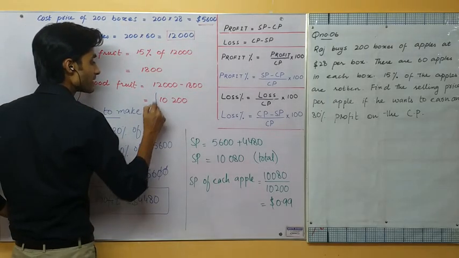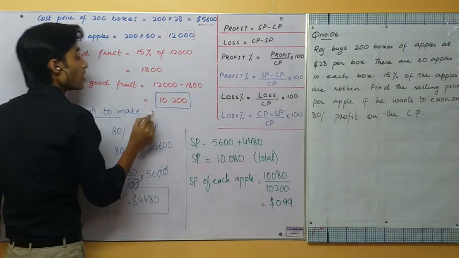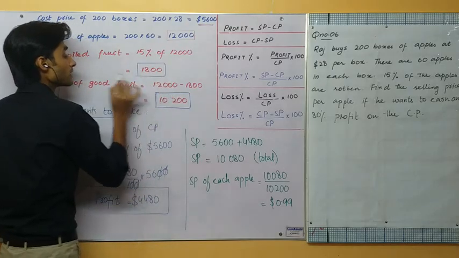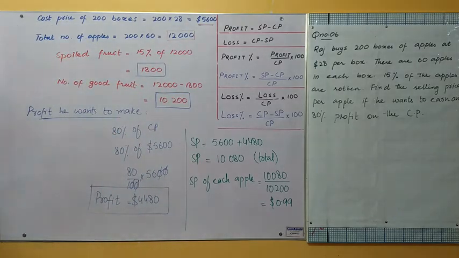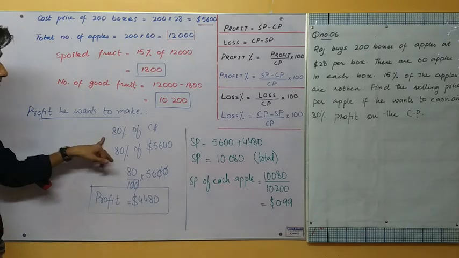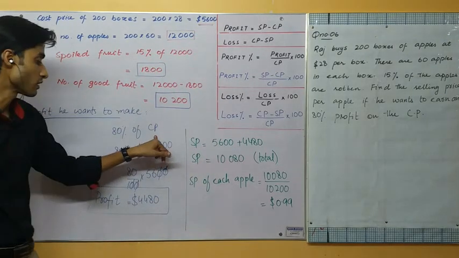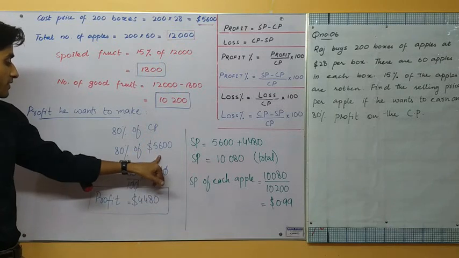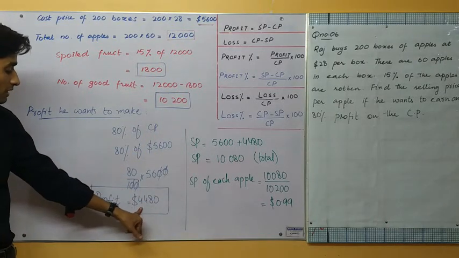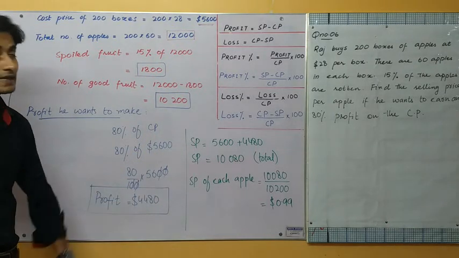Now I have to identify what should be the selling price of these apples so that I make a profit of 80%. He wants to make a profit of 80% of the cost price. What was his cost price? $5,600. 80% of $5,600 on calculation becomes $4,480.